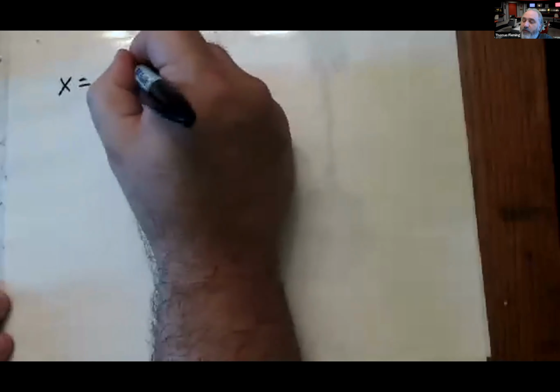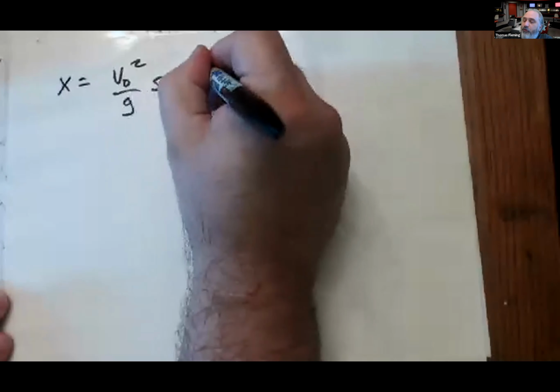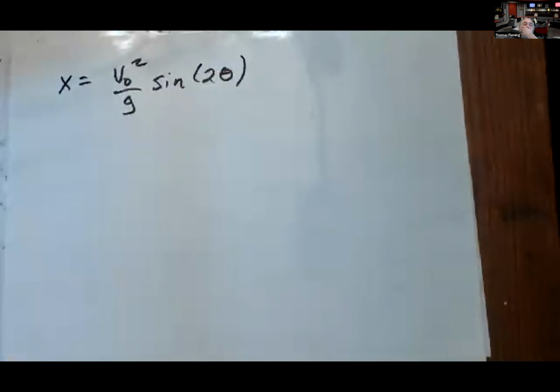So this says that if I want to know how far my kick or throw has gone, it's always going to go whatever my starting velocity is squared over g times the sine of 2 times whatever angle I originally threw it at. And I want to think about, if I want to throw my football as far as possible, I want to make it go as far down the field as I can possibly throw it.